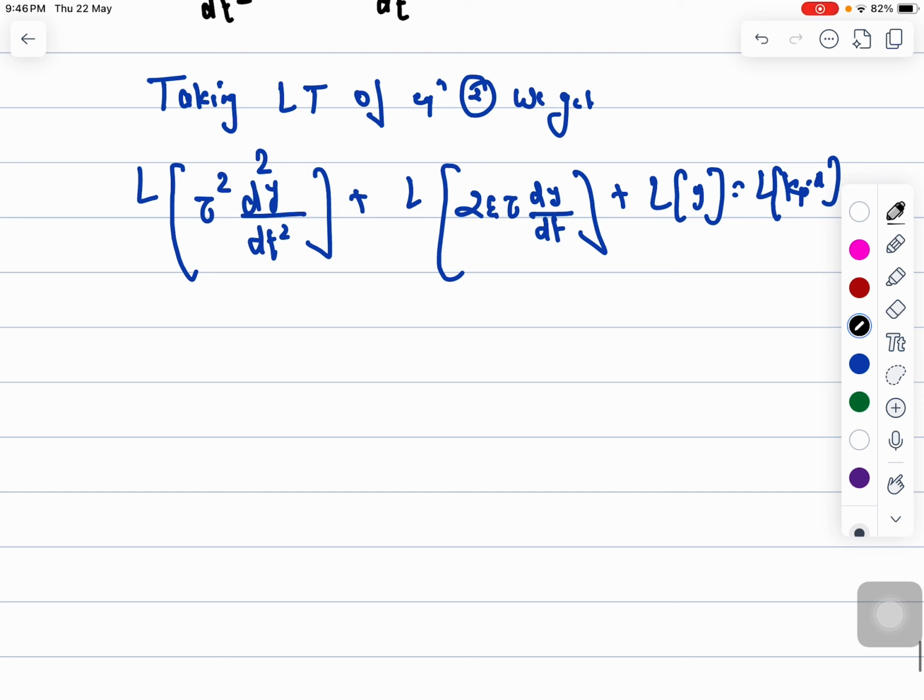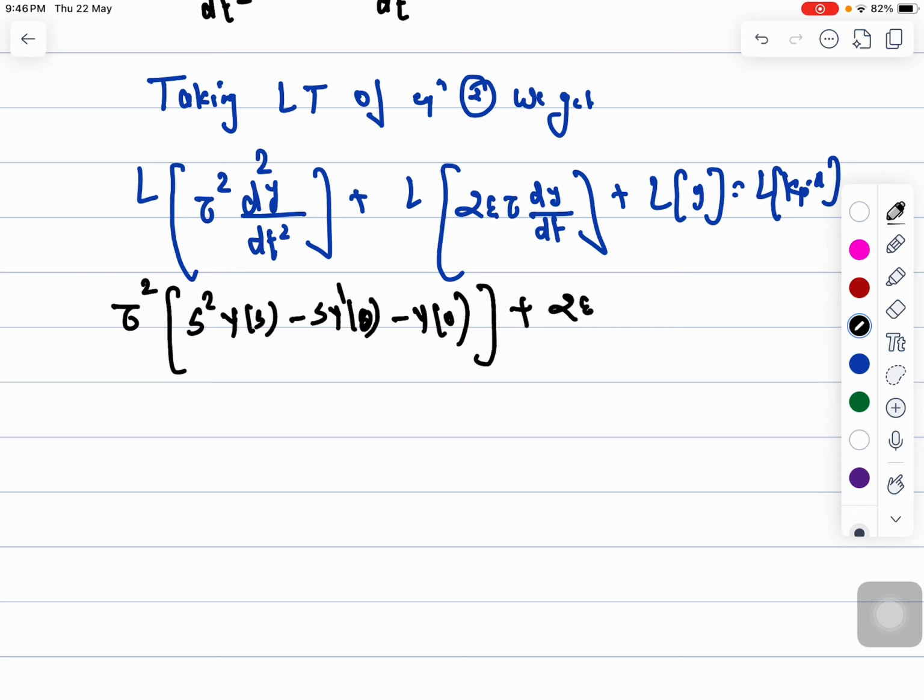Is that clear? If I take the Laplace, tau square is constant, and that can be written as s square Y(s) minus s y(0) minus y dash 0. Is that clear? Plus 2 zeta tau is constant.